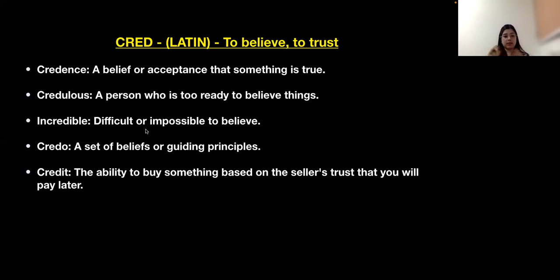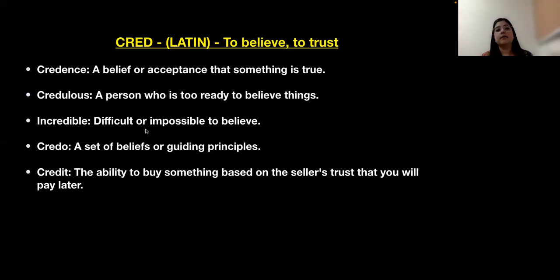Credence is a belief or an acceptance that something might be true. Incredible is used in a good way: something so extraordinary that it is difficult or impossible to believe that it is actually true or exists. Credo, a set of beliefs or guiding principles, and credit, the ability to buy something based on the seller's belief that you will pay later, right?